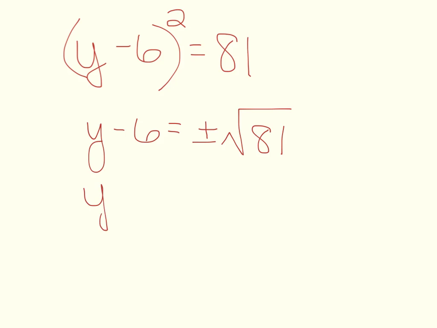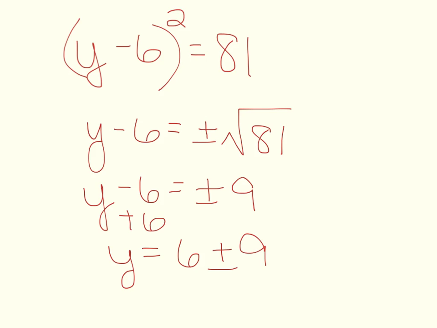Well, we know that y minus 6 equals plus or minus 9. So now you're going to add 6 to both sides. So you get 6 plus or minus 9. And then you need to solve both ways. So you need to do 6 minus 9, which is negative 3, or you need to do 6 plus 9 and get 15.